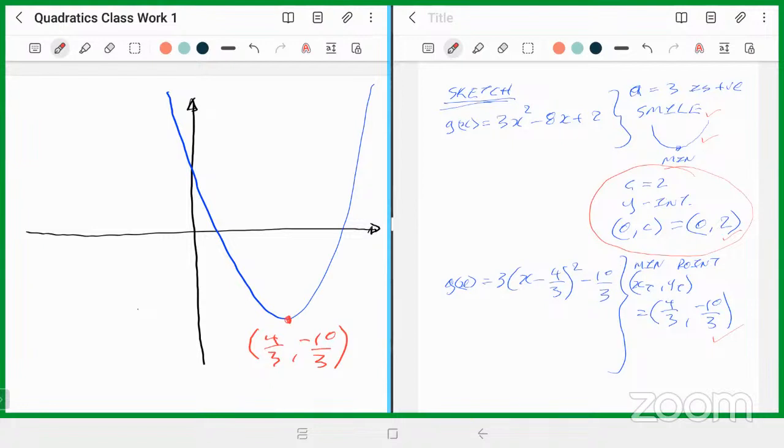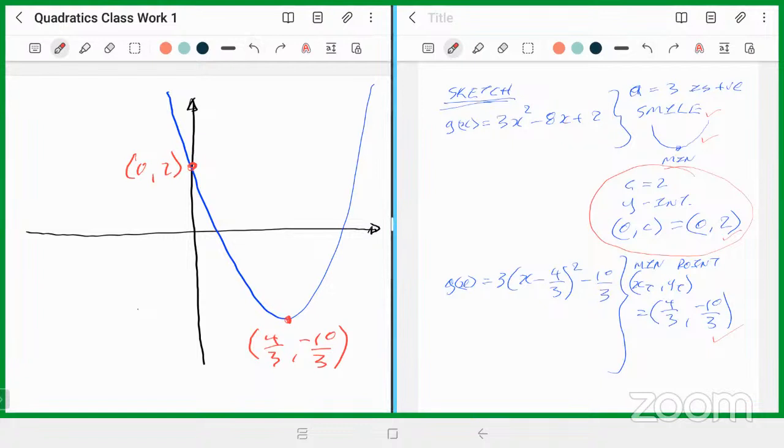And this point where my graph intersects the y-axis, I'm talking specifically on the y-axis, where the graph intersects the y-axis. That point is 0, 2. It means that the y value at this point is 2. That's the y-axis intercept that we got from the c value.